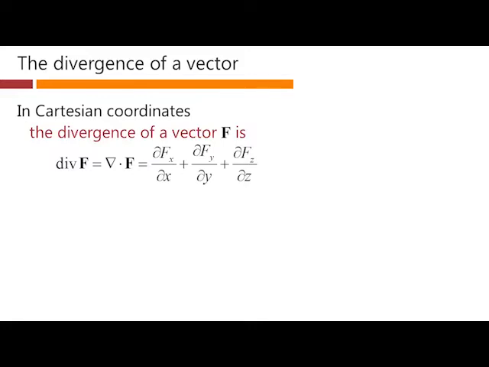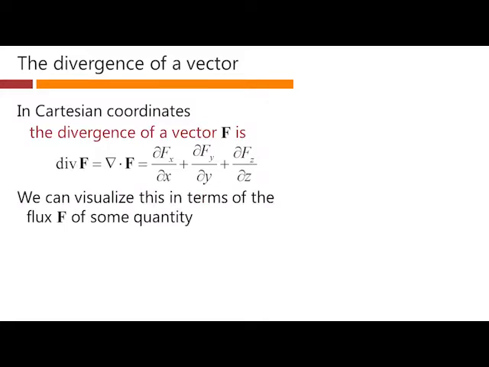The result is the rate of change of the x component of f with respect to x, plus the rate of change of the y component of f with respect to y, plus the rate of change of the z component of f with respect to z. Note that the result here is a scalar quantity. Just like the dot product of two vectors gives you a scalar, this dot product also gives us a scalar quantity.